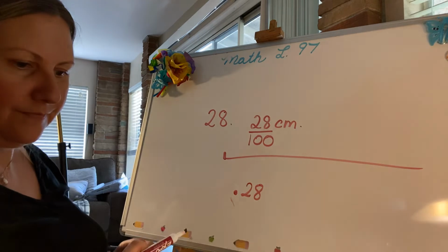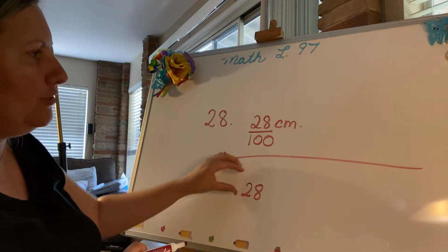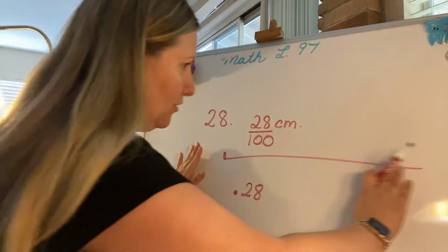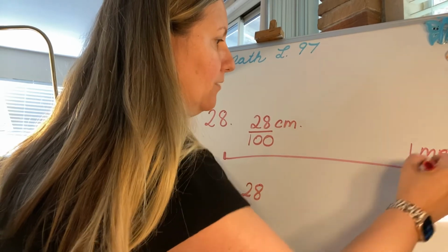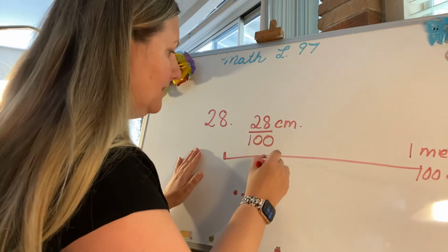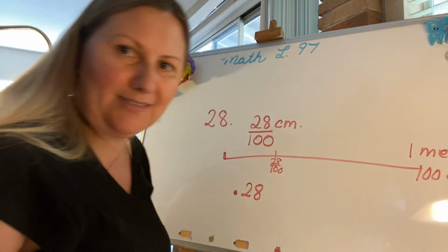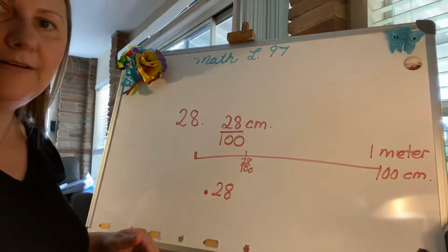Here's the fraction part, 28 out of 100 that you have on a whole meter, because 1 meter equals 100 centimeters. So 28 centimeters, somewhere over here, is 28 out of 100 centimeters that you would have in a whole meter.